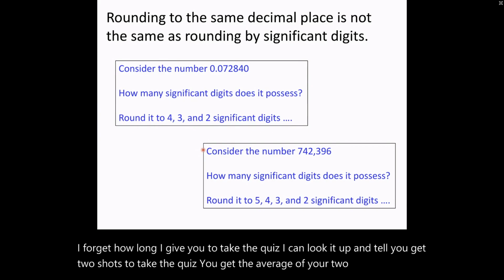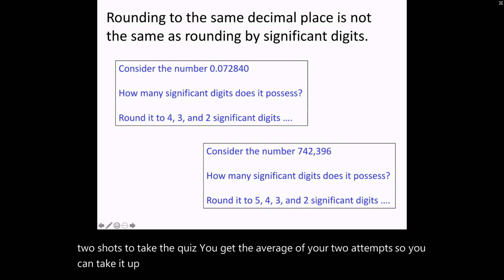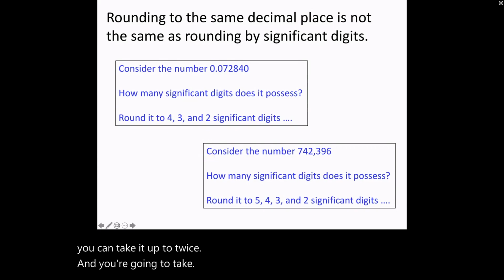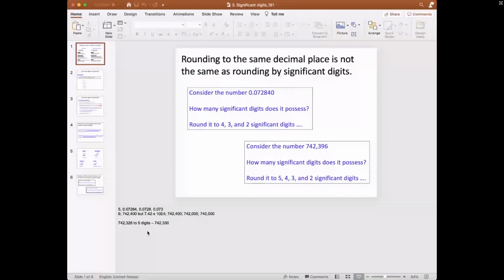So you can take it up to twice, and you're going to take the average. Okay? And if you feel good after your first attempt, you obviously do not have to take the second attempt. All right? But this quiz, I'm going to flip to it now. My screen looks different than yours, don't worry.